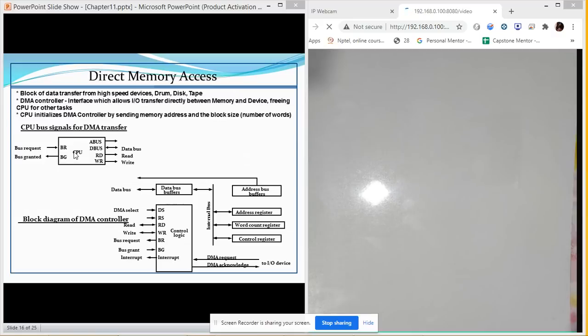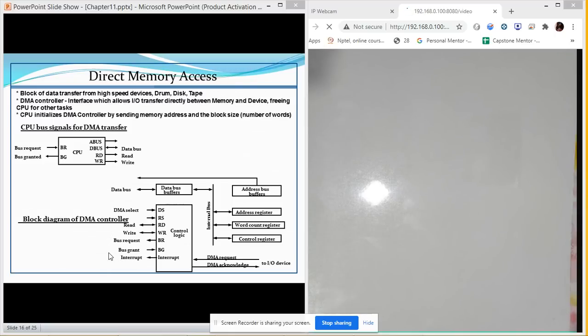Then if the CPU is not using the bus, it will grant the access. If this bus grant is given to the DMA, then DMA will start sending the data from the peripheral device to memory. These bus request and bus grant signals are related to the memory bus.